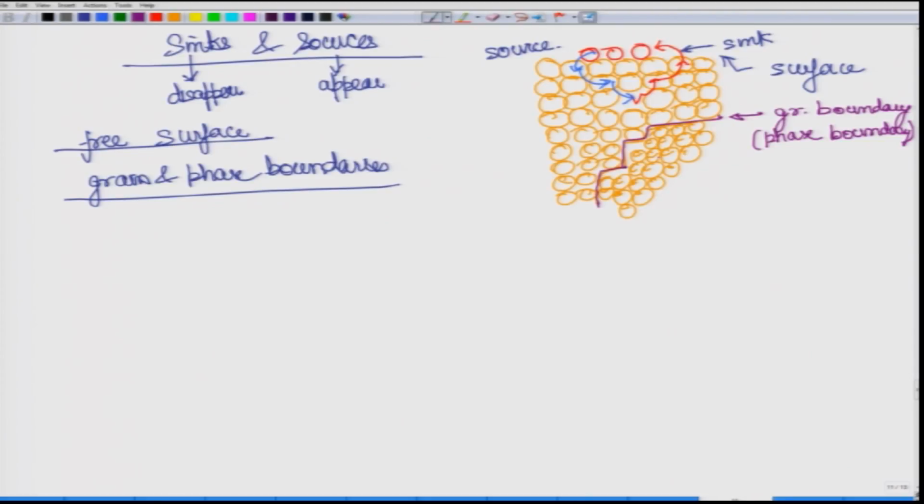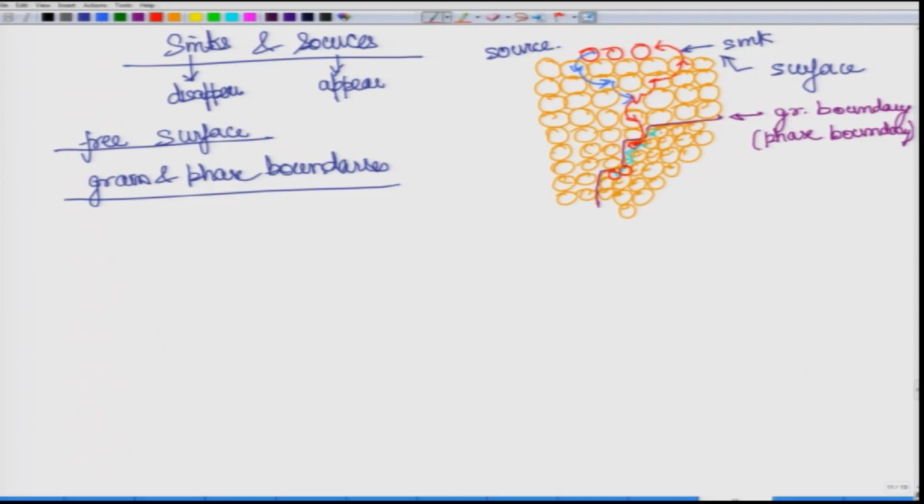So, from this point of view there is not much difference. What we are particularly interested in is that when you have a boundary like this, you see that there are lots of empty spaces. Now, these empty spaces are a potential site for vacancies to sit, or for vacancies to come out and get into the system. So, just like I showed you over here, let us say this is the vacancy, it can hop from here to here.